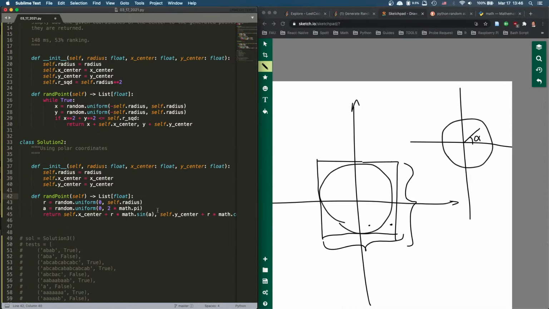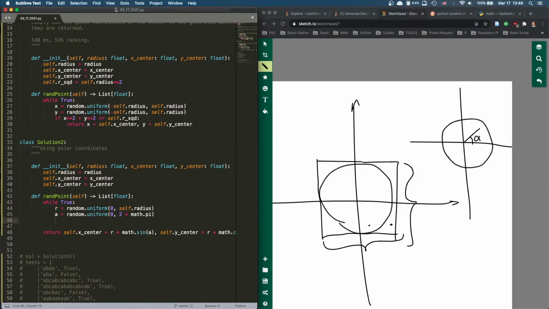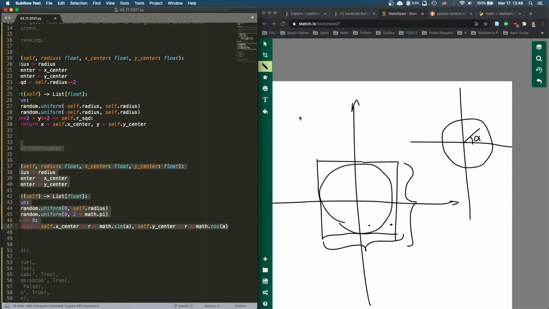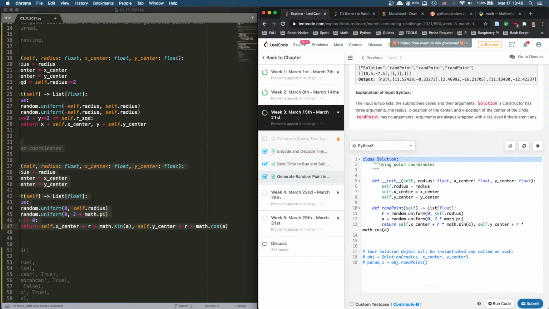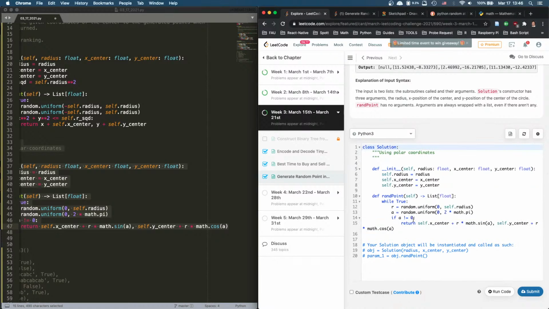So okay, we're going to remove 0. We're going to say while true, do this. If a is not equal to 0, then we return. Try this. See if this one gives you a better result. So we recognize that we are repeating on one part, so we're trying to correct ourselves by not including 0.